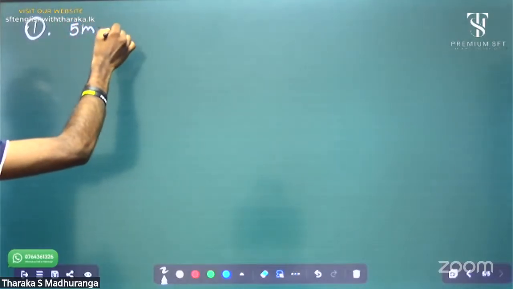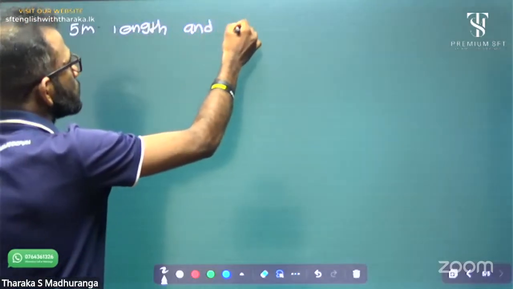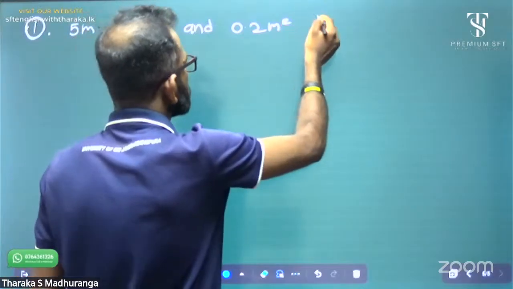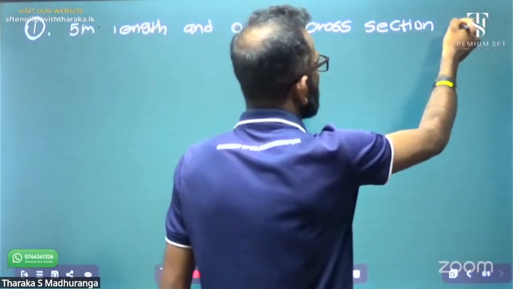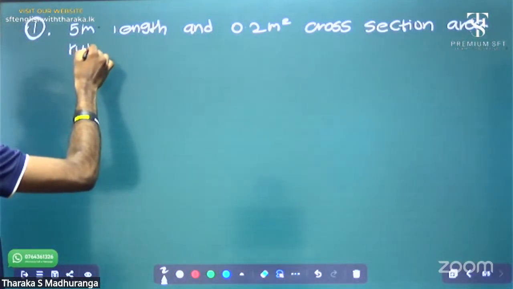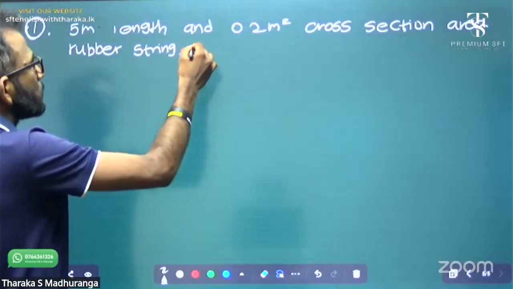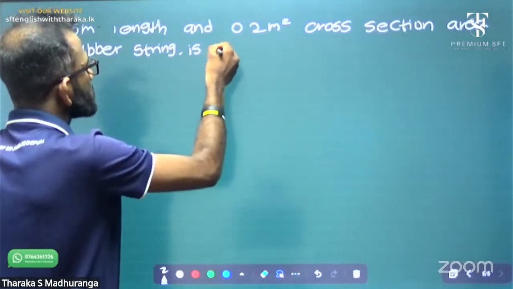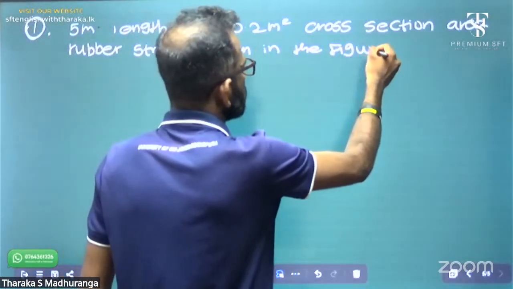A rubber string of 5-meter length and 0.2 square meter cross section area is given in the figure.